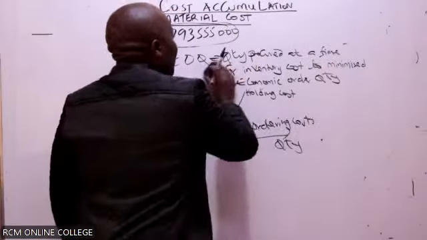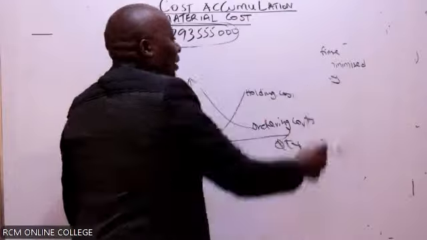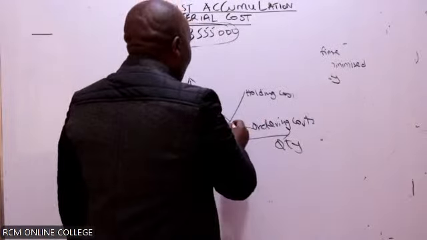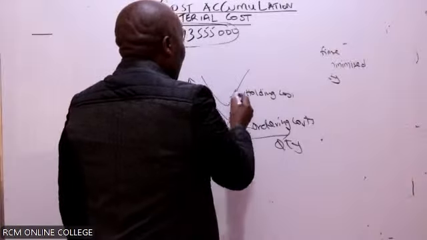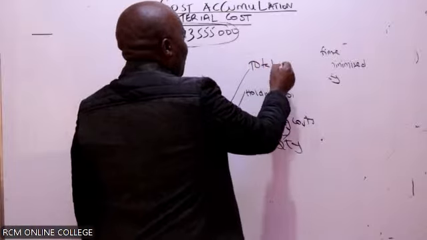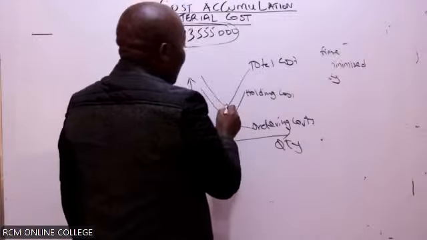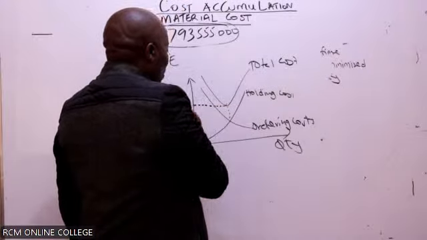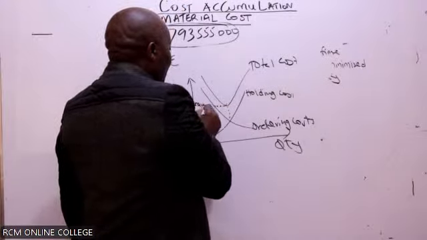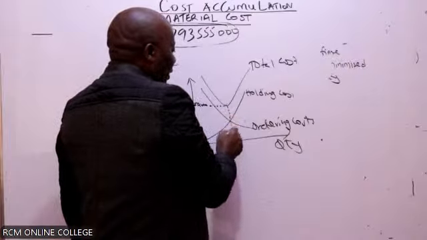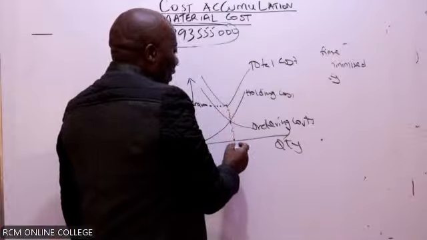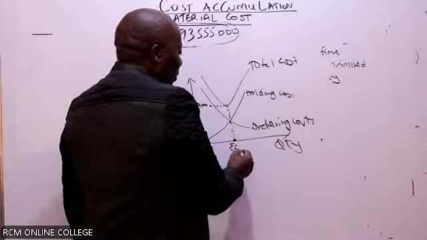I would want us to draw this. So this is what we call total cost. You can see the total cost is minimum at the point where these two are equal. So minimum cost translates to what we call economic order quantity.